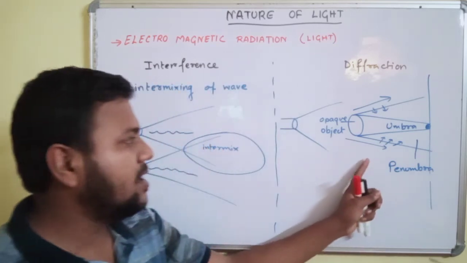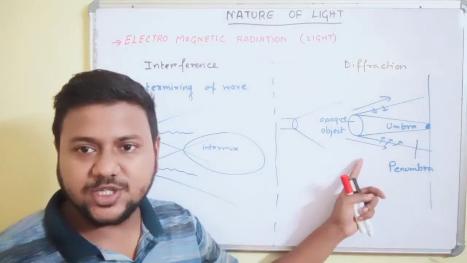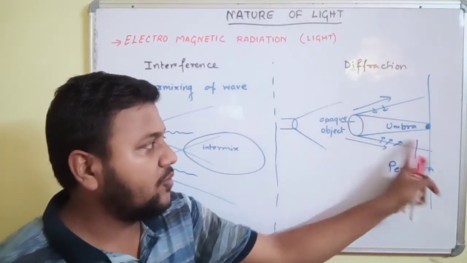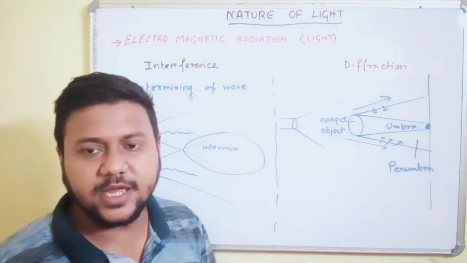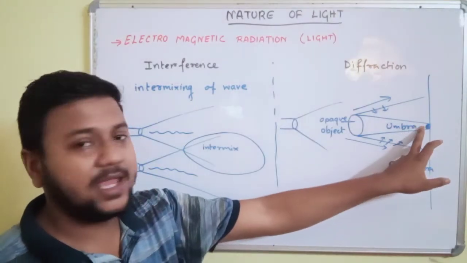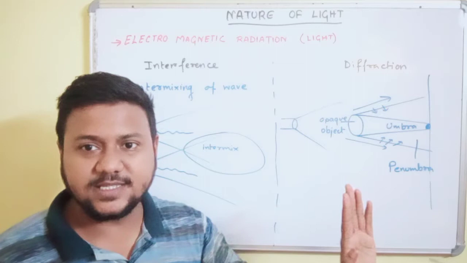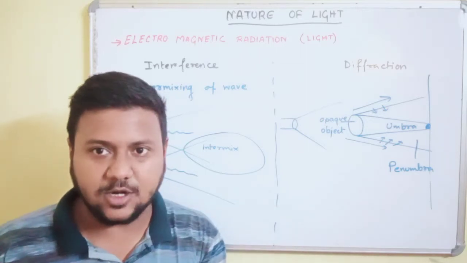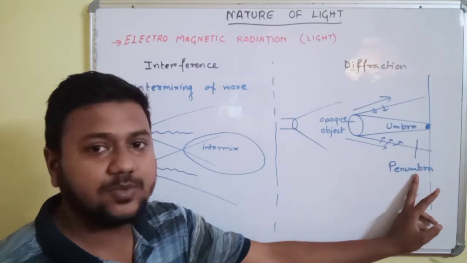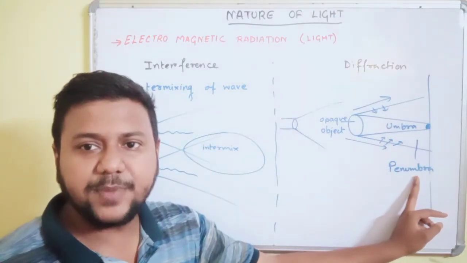In this phenomenon, where light must travel in a straight line, we must observe a shadow behind the object. We will observe that the shadow again has two portions. One is a darker portion and one is a less dark portion. The darker portion is called the umbra and the lighter portion is called the penumbra.